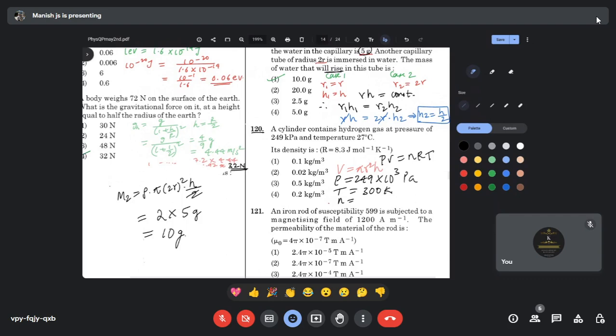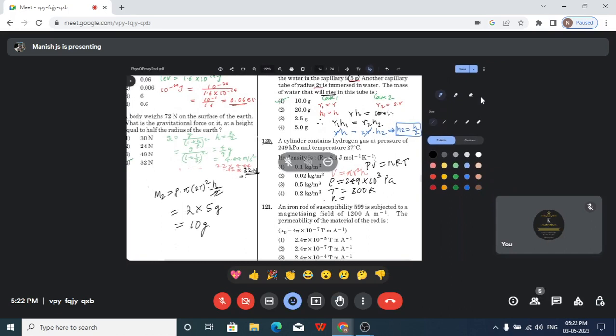Use the relationship mass upon molar mass. The molar mass of hydrogen, obviously you know how much it is. Hydrogen gas is mentioned, so obviously it is going to be H2. For H2 you know it is going to be 2. So substitute, easy.